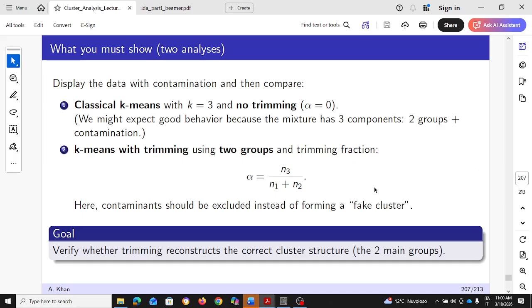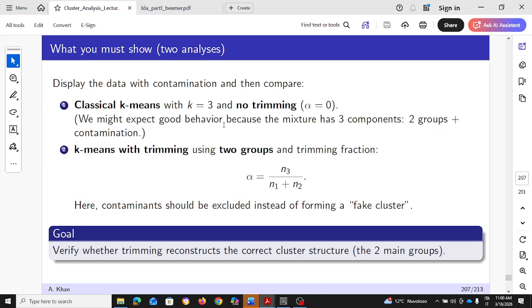So now, if we use the classical k-means algorithm, what will happen? And what if we use T clustering, or k-means with trimming? In the FSDA toolbox, you have the k-means algorithm with the possibility to use trimming.